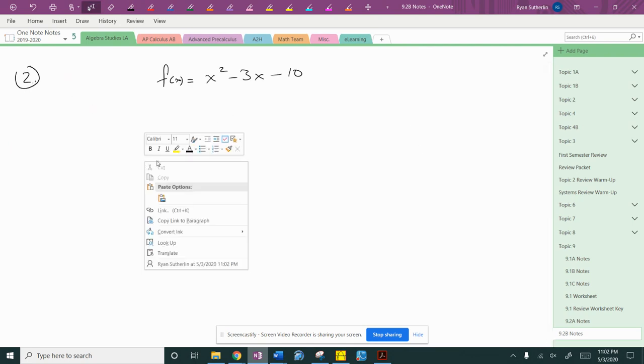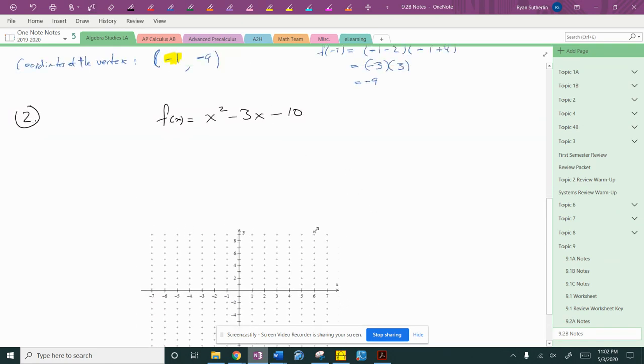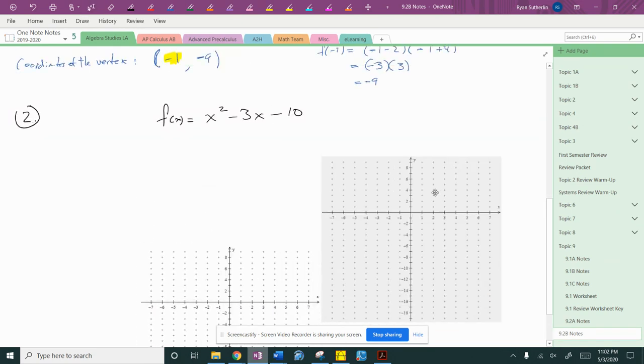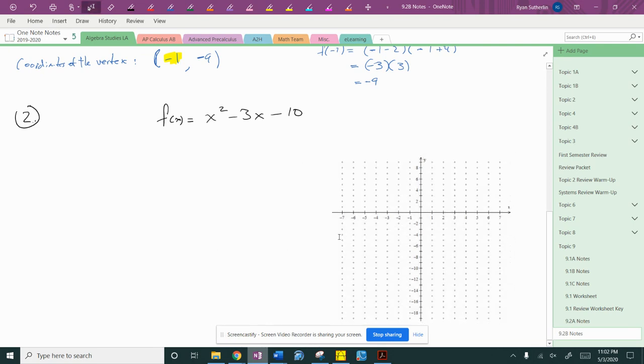I'm going to get my graph set up over here, ready to deal with later. The first thing I wanted you to do is write this quadratic, instead of in standard form, in factored form.